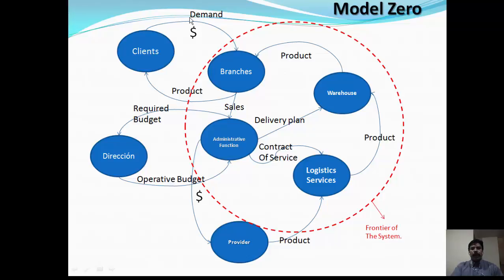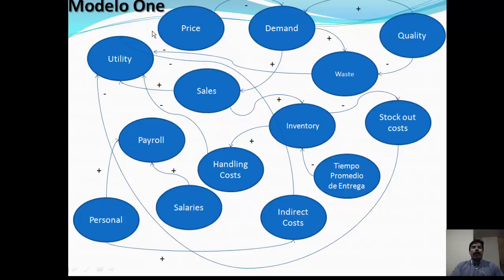We can see that we can measure demand, budget, a delivery plan, sales, etc. In Model 1, we can see the price, the demand, the quality, the waste, sales, utility, payroll, personnel, salaries, handling cost, inventory, the delivery rate or the delivery time, indirect cost, stock out cost, etc.